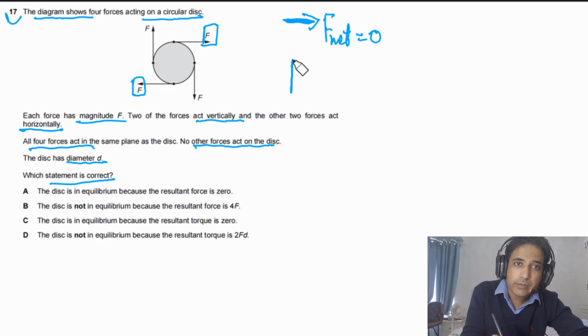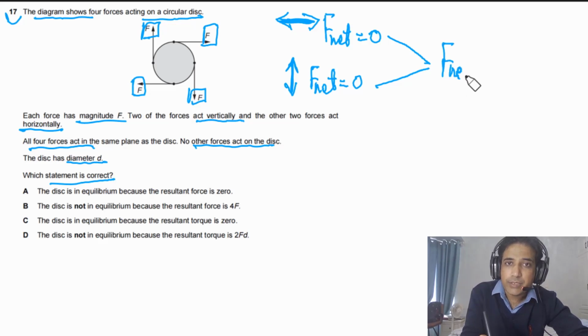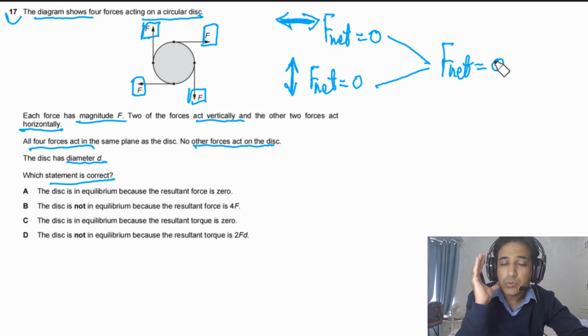Now looking at forces along the vertical direction, we have two forces, one up, one down. They have the same magnitude, so F net is also equal to 0. So in this case F net on the disc is equal to 0, because no net force along horizontal and no net force along vertical, it means net force is equal to 0.